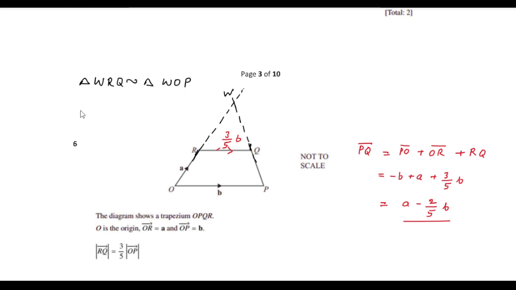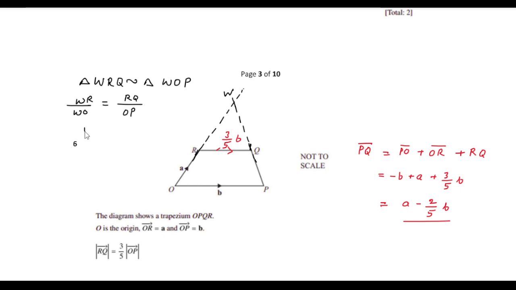So therefore WR divided by WO will be equal to RQ divided by OP. Fine.